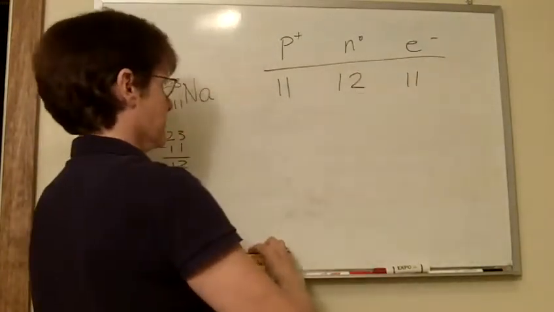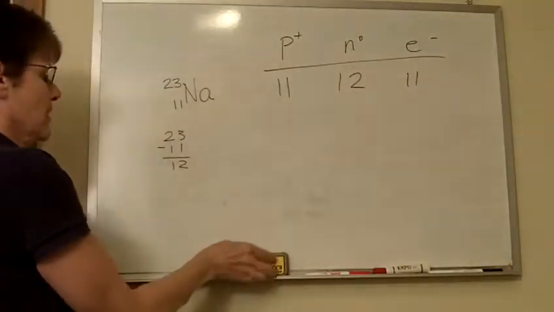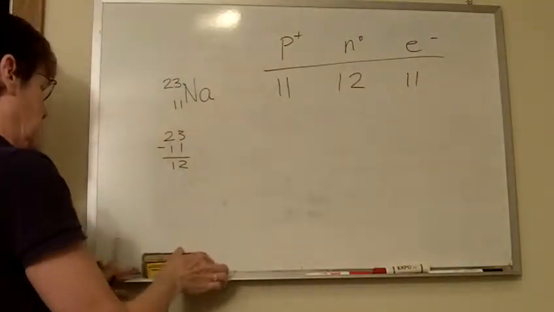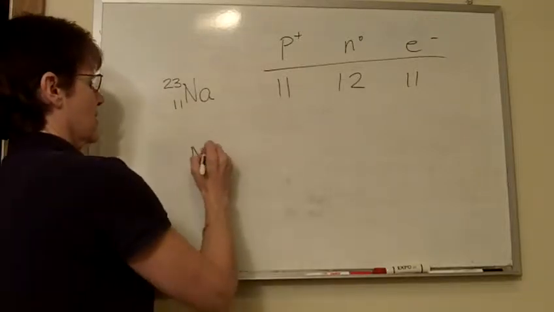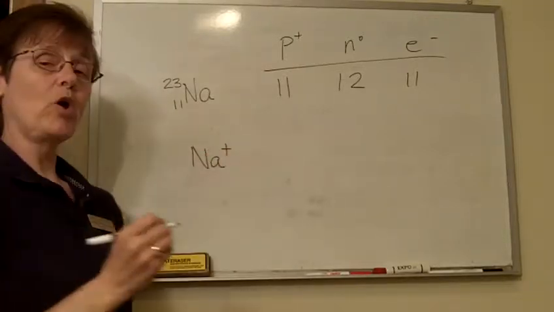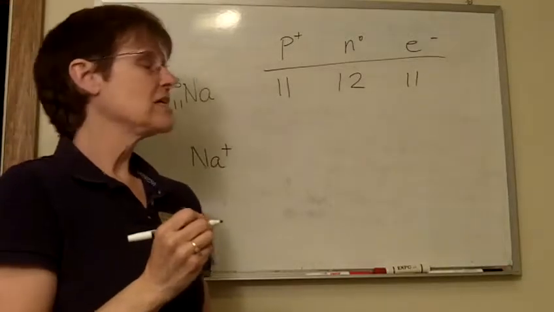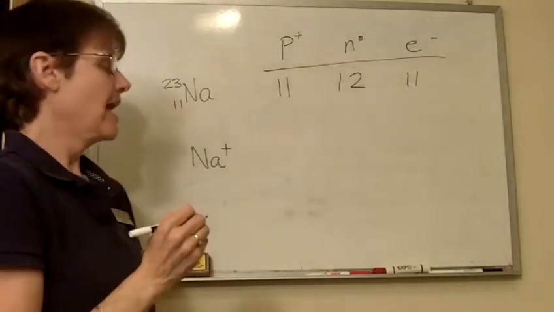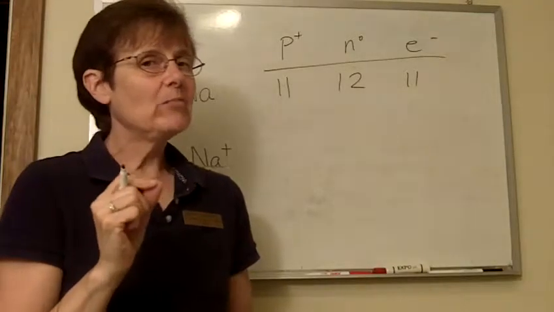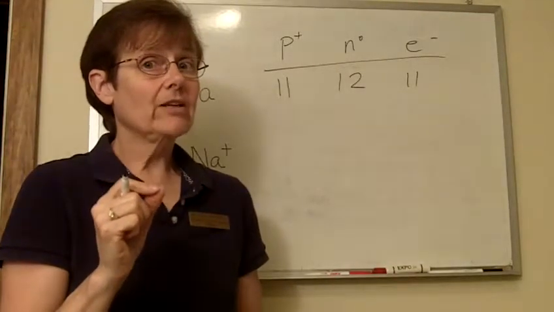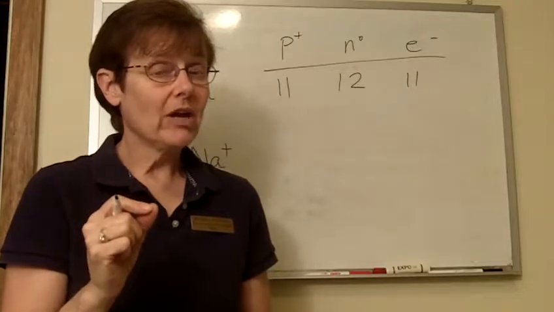A little OCD. However, sodium very often exists like this. It's a positive ion. And a positive ion has one extra proton. Now what that means is that it lost an electron. It does not mean it gained a proton.